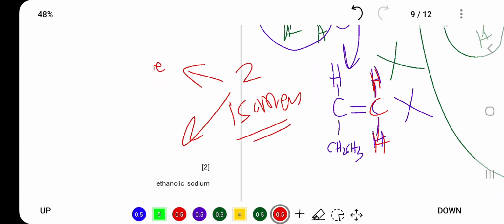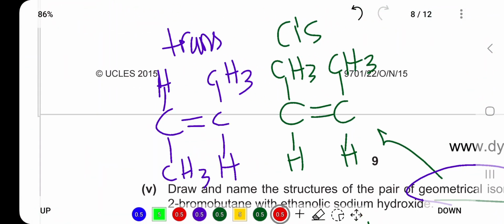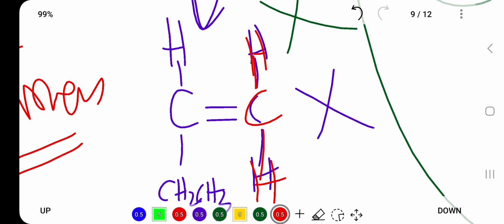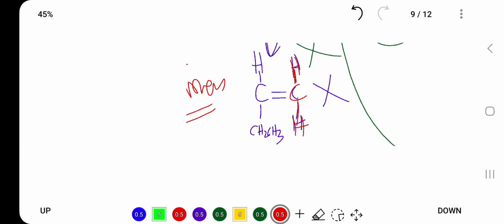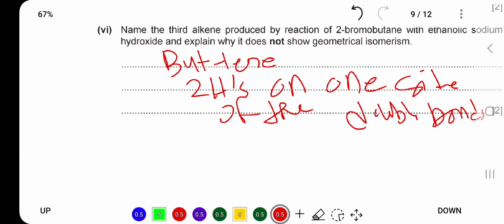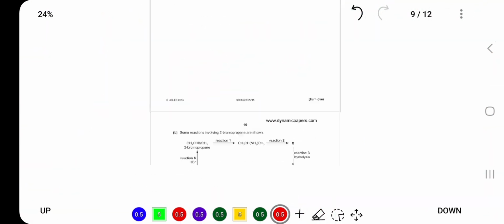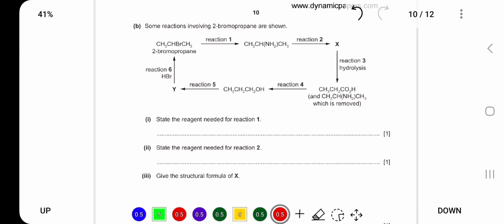You can't flip them to have one heavy up and one light down. In this case you would have one light up and one light down, so it's completely wrong. Get it? So that explains this. Alright, part B.